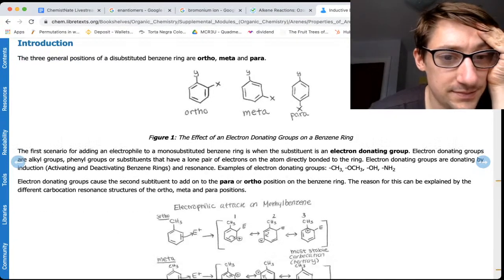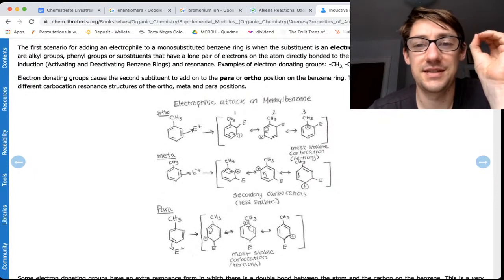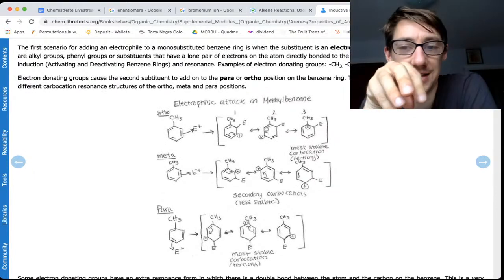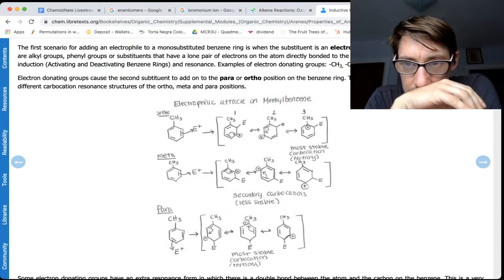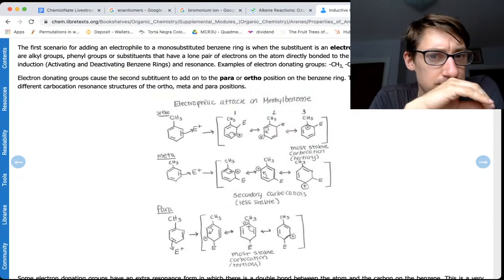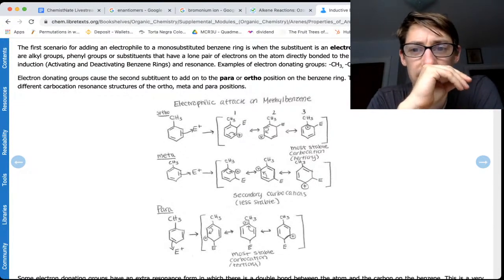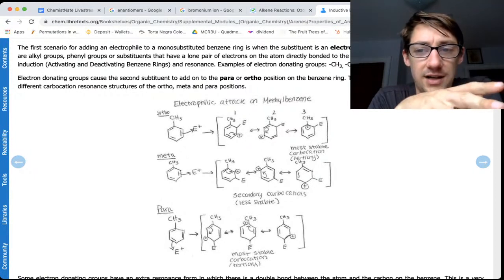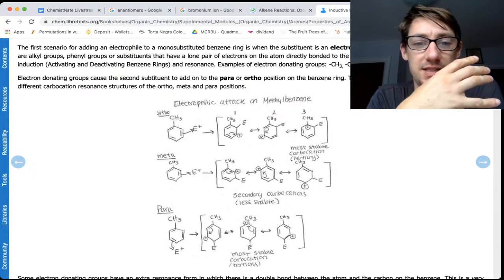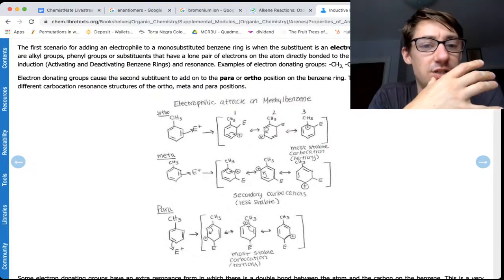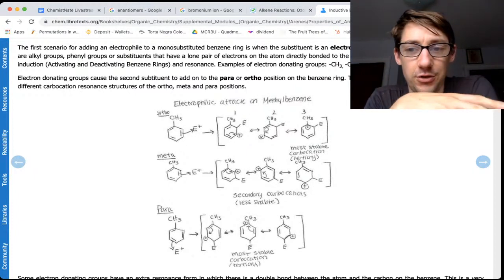The first scenario for adding an electrophile is when the substituent is an electron-donating group: anything that has a lone pair of electrons on the atom directly bonded to the ring. So like oxygens, nitrogens. Not sure why alkyl groups count, but that's okay. Electron-donating groups cause the second substituent to add on ortho or para.